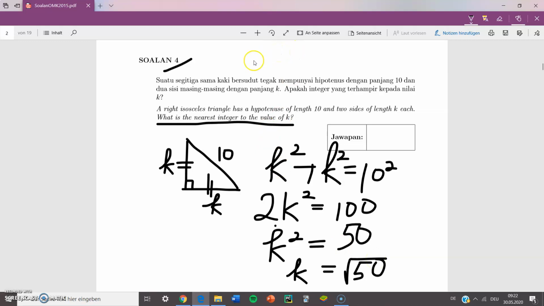So as you guys can see over here, 50 is stuck between 2 square numbers. We can use square numbers to check because square numbers, after they have been rooted, are still integers.